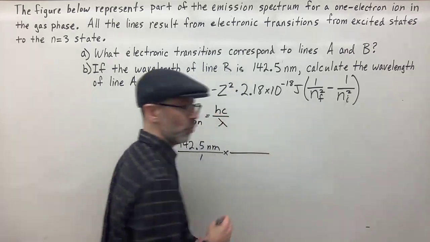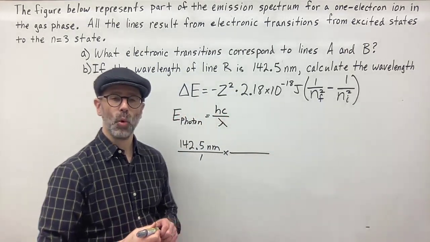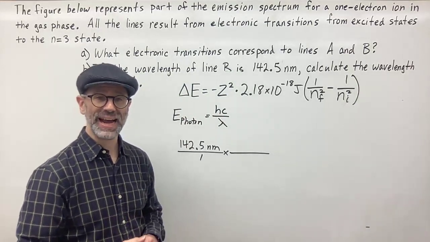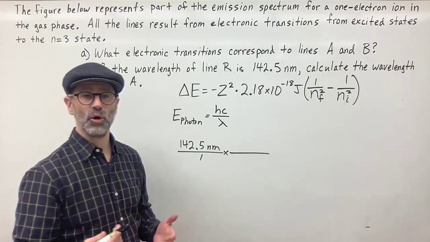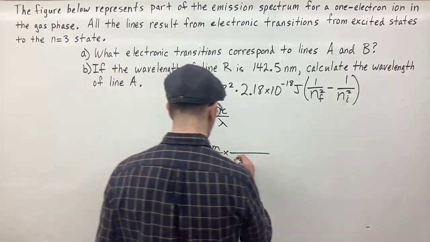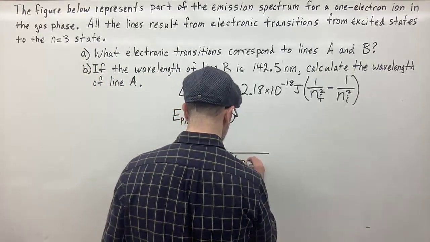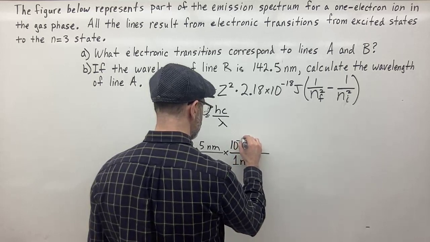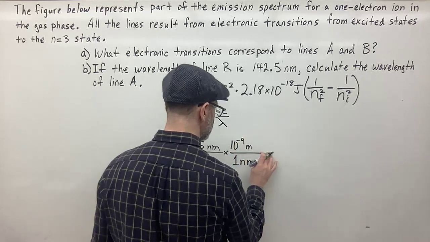And I know that 1 nanometer is 1 billionth of a meter, or 10 to the negative 9 meters, because nano means 1 billionth of. So I'm going to put 1 nanometer on the bottom, and 10 to the negative 9 meters on top.